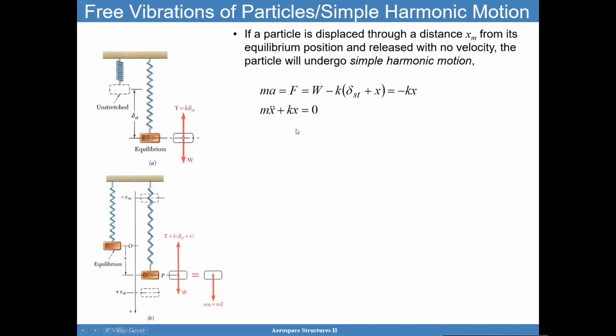So I have the force equals ma, which is also equal to the weight of the box minus k times the stretch. You have the initial stretch, del st, and then you have the motion x. So here's where this x comes from. But we also know that this force in the spring that's acting here is equal to k times x.